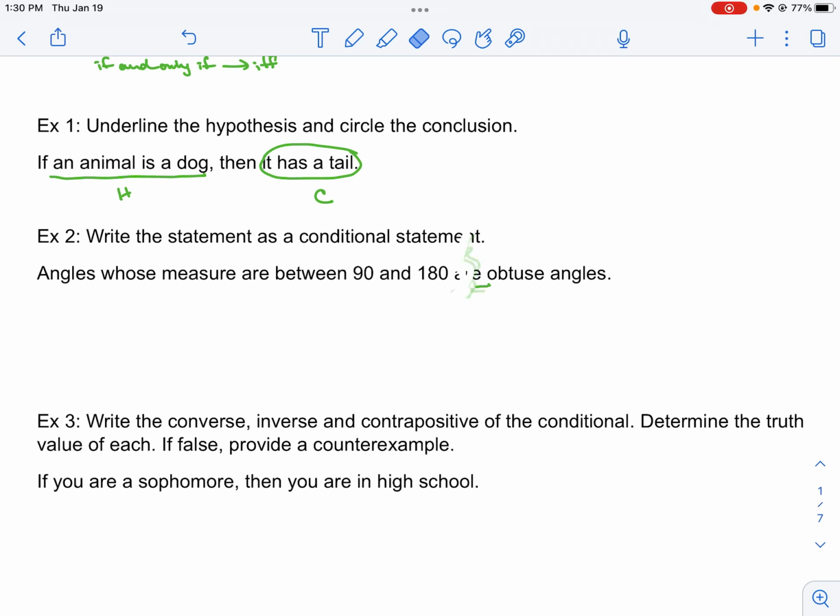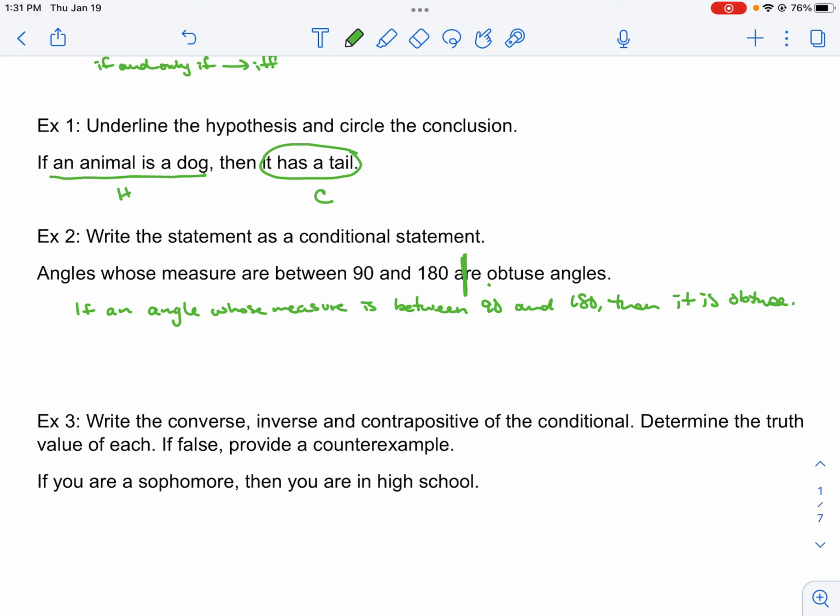So thinking about that, this is my split. When you rewrite this, you have to use a little bit of fluff to make it make sense. So, if an angle whose measure is between 90 and 180, then it is obtuse.